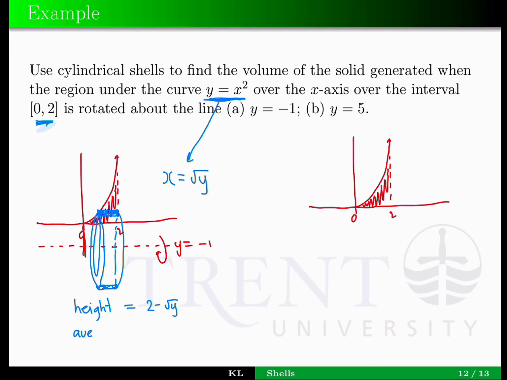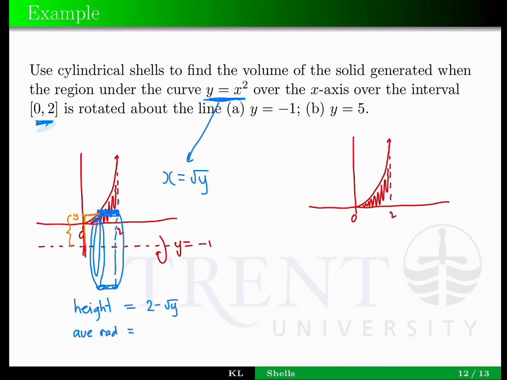What about the average radius? We choose a y. Take note, since horizontal strip, the midpoint is a y value. So this is y. And what is this? Its distance from the axis. Well, this part here is y. This here is 1 unit.